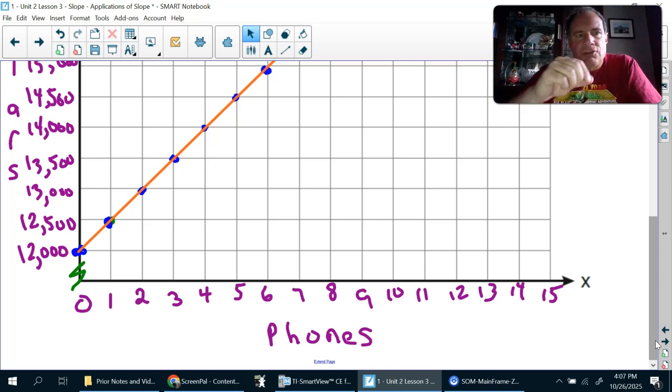So you're increasing by 500 here, but the initial value is 12,000. So you start at your initial value and you increase, and label your graph using the slope as the rise. So if the rise is 200, that's what you increase by. And that is it. All right.